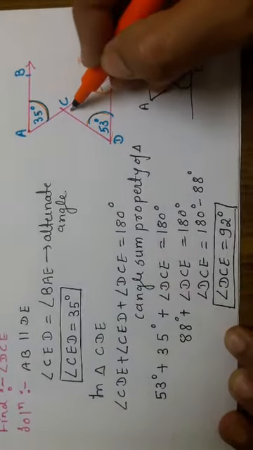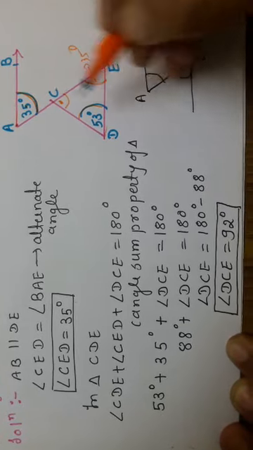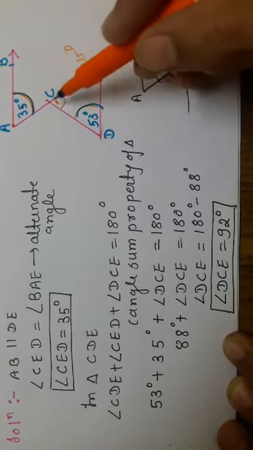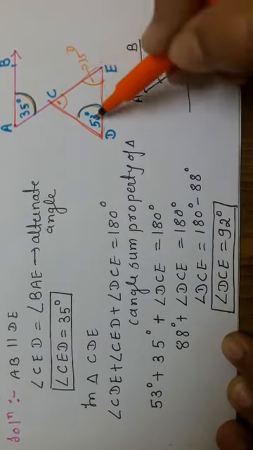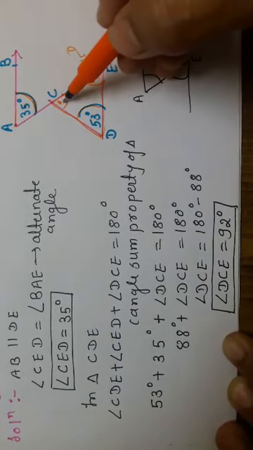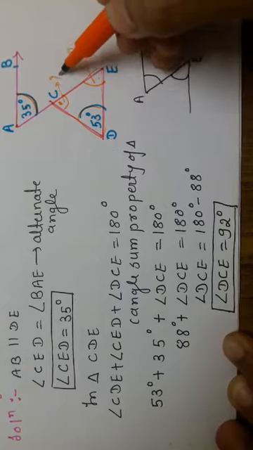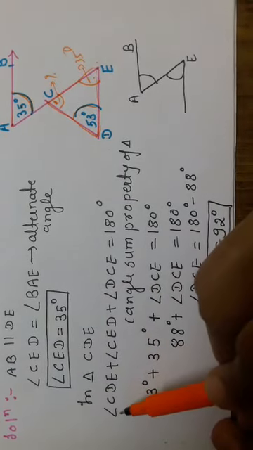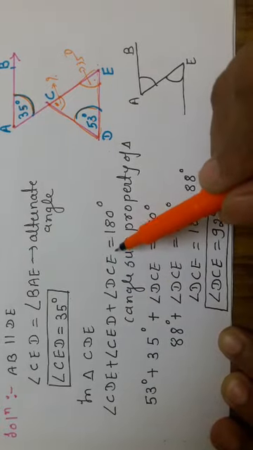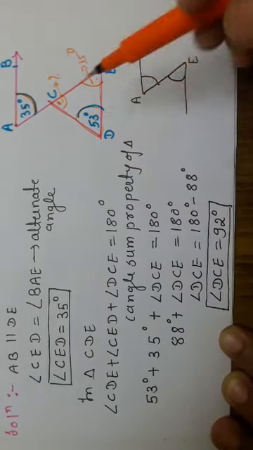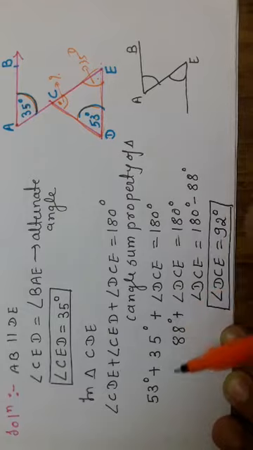Now we have to find this angle. How will we get it? Here this is triangle CDE, and in the triangle two angles you know. So how will you find the third? By the angle sum property of a triangle. So angle CDE plus angle CED plus angle DCE is equal to 180 degrees.